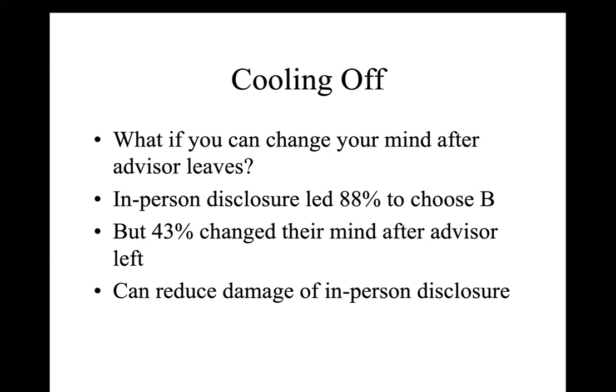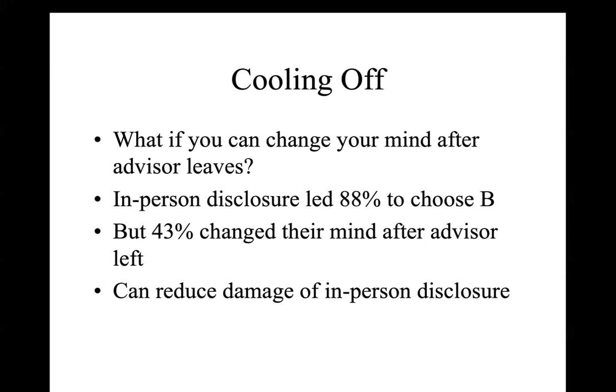Oftentimes when an advisor and a client come into relationship with one another, the client will assume that the advisor will act in their best interest regardless of what their incentive might be to do otherwise. And as soon as there is a disclosure from the advisor that represents some form of conflict of interest, the client recognizes for the first time that there is an agency conflict, right?